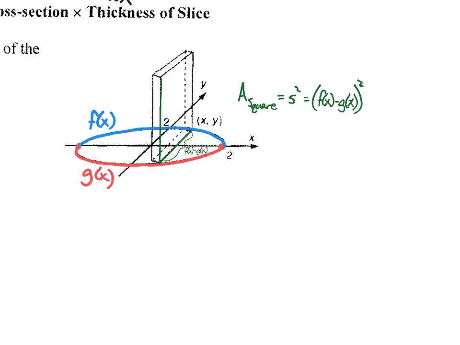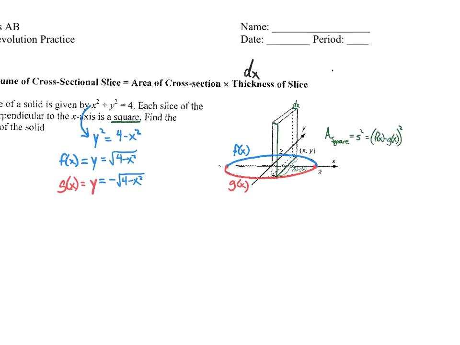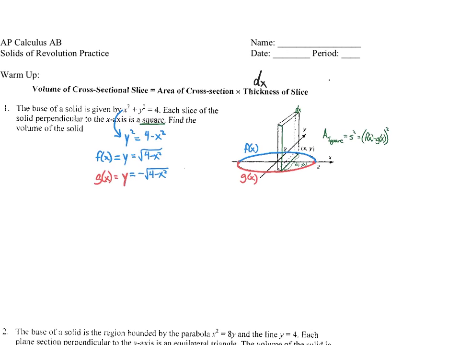So now we're going to be able to set up our integral, okay? You guys know this is going to be dx, the width or the thickness of this slice. All right, so what's going to be the integral that we're going to use to find the volume of this object? Would it be from negative 2 to 2? Okay, good. We had to figure out the intersection points, which are just the edges of this circle.